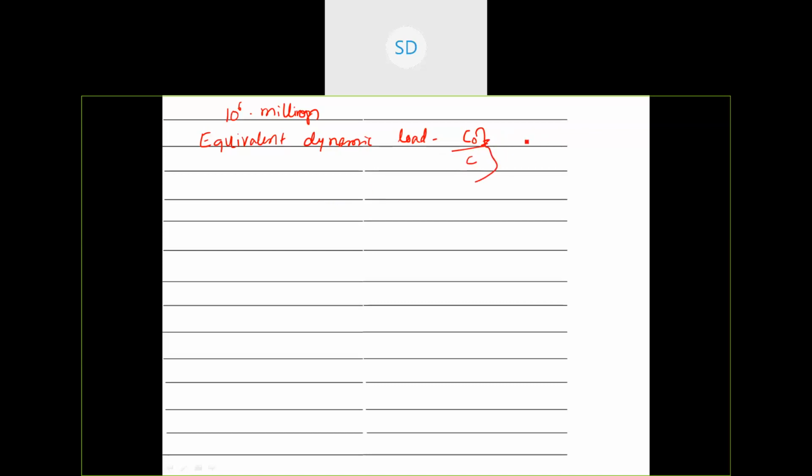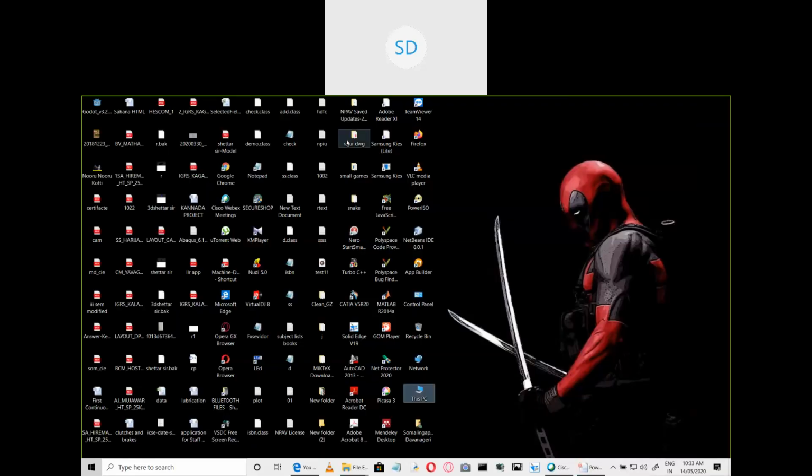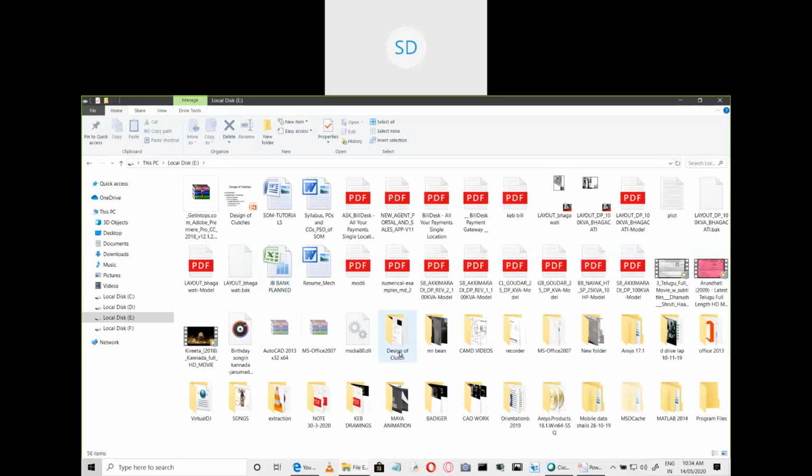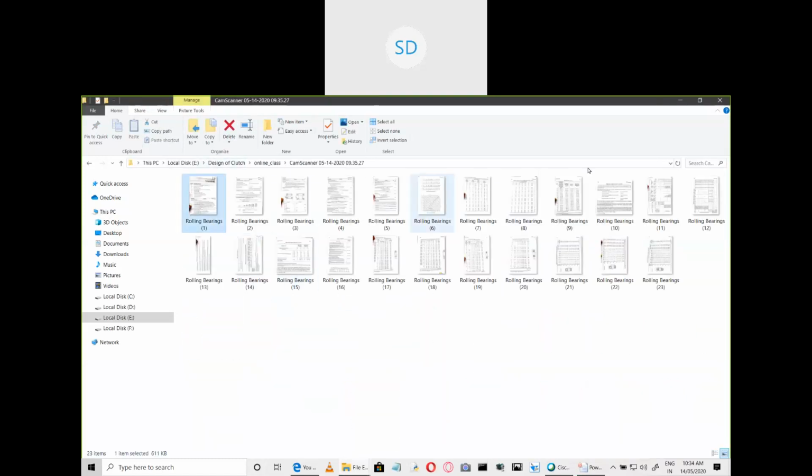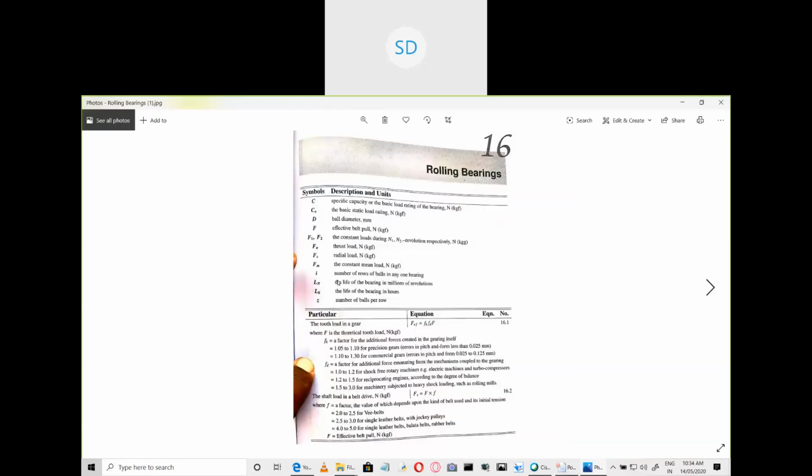Those who have gone through the data handbook can say C naught or C. Otherwise, we'll go first to the data handbook. Okay, notations here. C is the specific capacity or the basic dynamic load rating of the bearing. C naught is the basic static load rating.